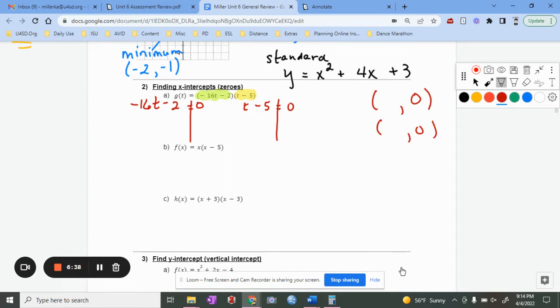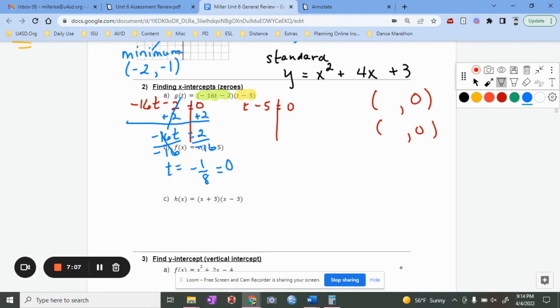So I'm going to start solving this by adding 2 to both sides, because my goal is to isolate the t, and we're going to undo any addition or subtraction first. Remember, we work that order of operations backwards. Then I'm going to divide by negative 16, and 2 divided by negative 16 is negative 1/8.